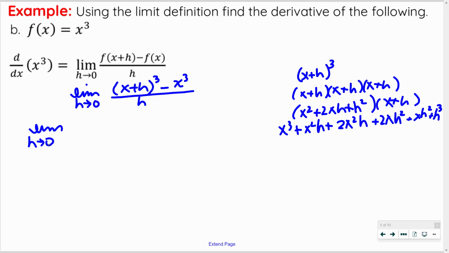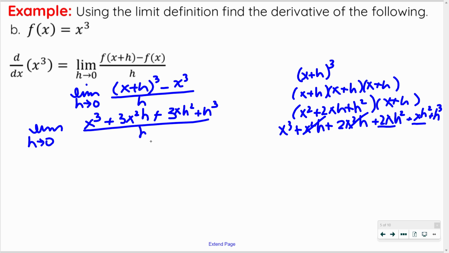Now let's take this here. So I've got x cubed. Let's see if we can combine any terms here. I've got an x squared h and 2x squared h's, altogether that is 3x squared h, plus 2xh squared and an xh squared is 3xh squared, and then an h cubed all over h.